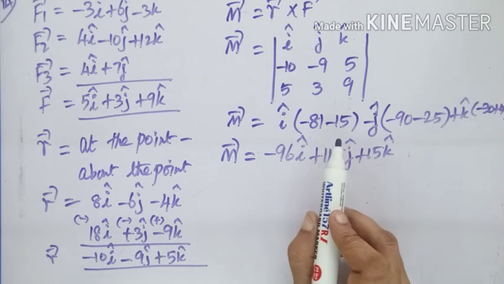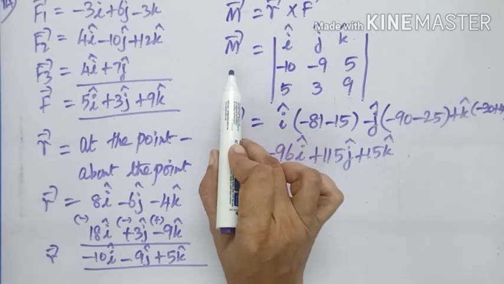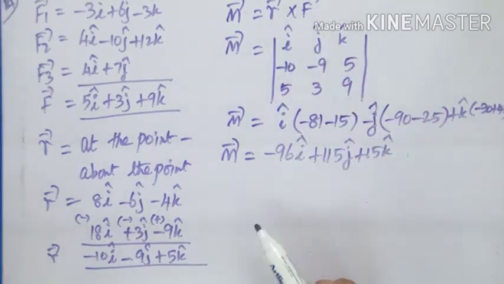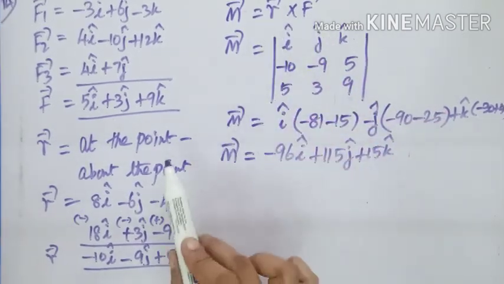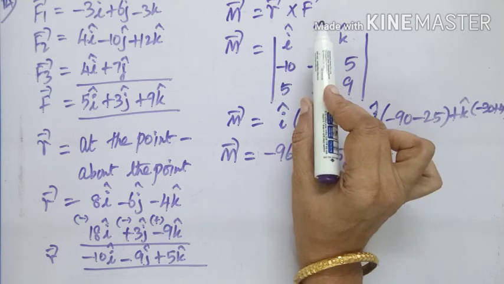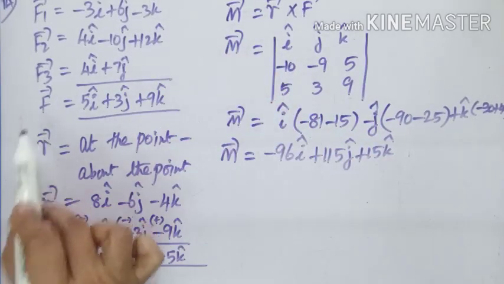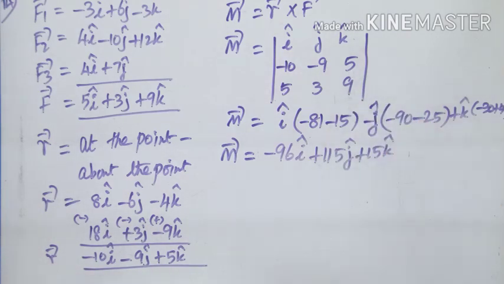You can do either F dot D or D dot F, that doesn't matter. But in moment, remember it is R cross F. For R we use two formulas, at minus about or through minus about. For F, there will be 2 or 3 forces, means add it all. The resultant we call F and then proceed with the answer.